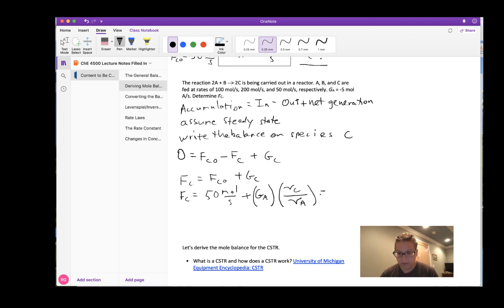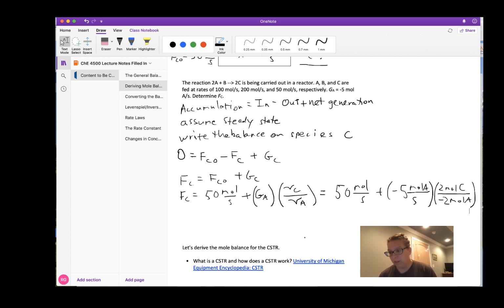And then I can fill in terms here. Minus five moles of A per second, times two moles of C divided by minus 2 moles of A.